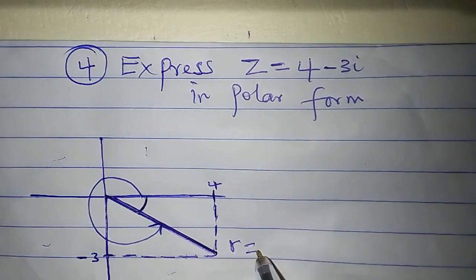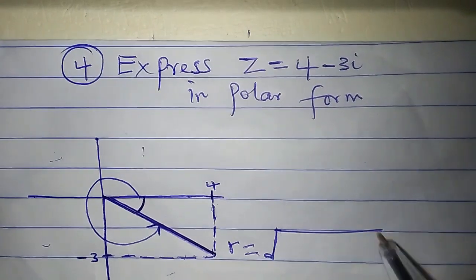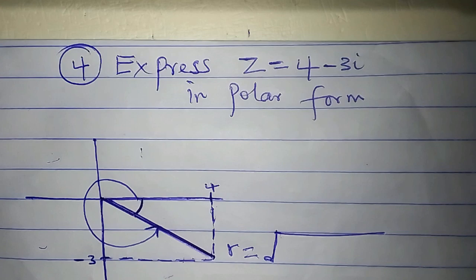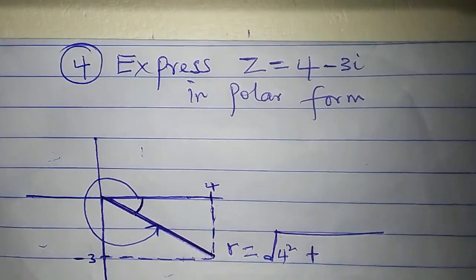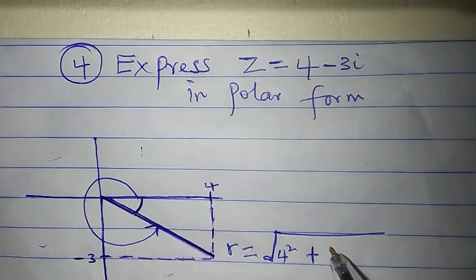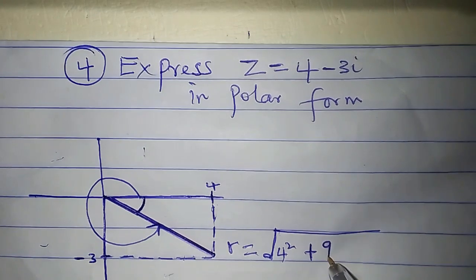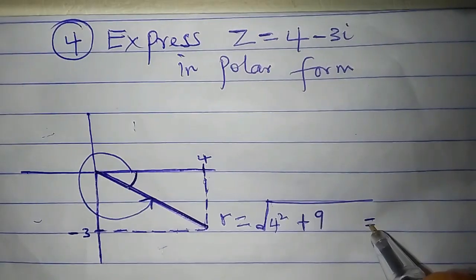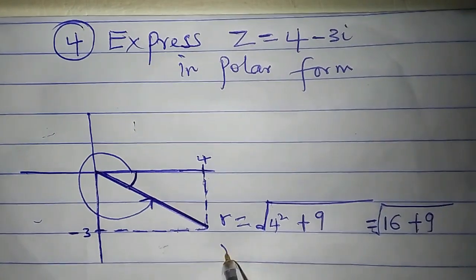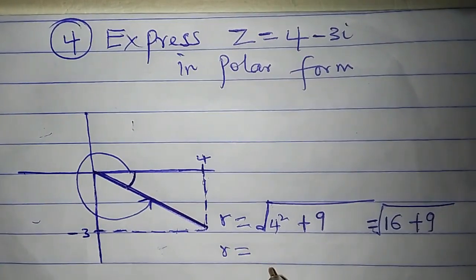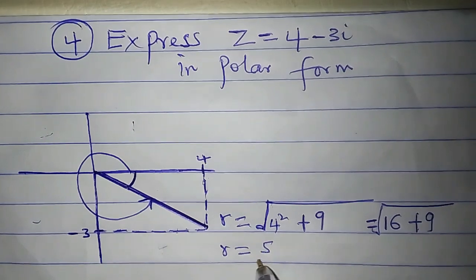The modulus is the positive square root of a squared plus b squared. a is 4, that's 4 squared. b is minus 3. Minus 3 squared is 9. 4 squared is 16. 16 plus 9 gives us 25. So root 25 is 5.